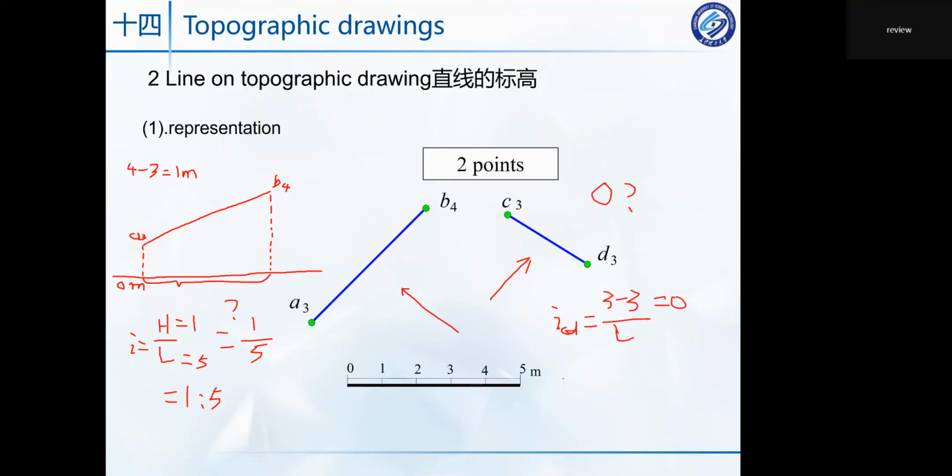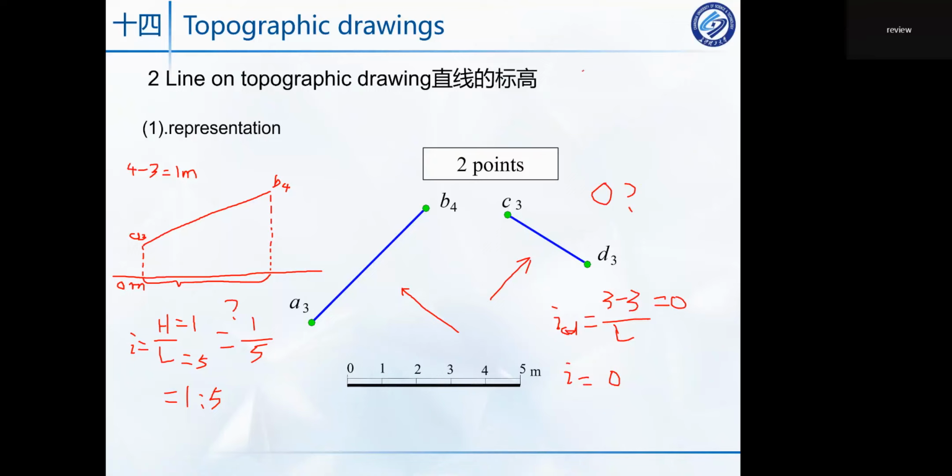So the slope i is 0. It means this line is parallel to the ground. So it's very easy to understand.